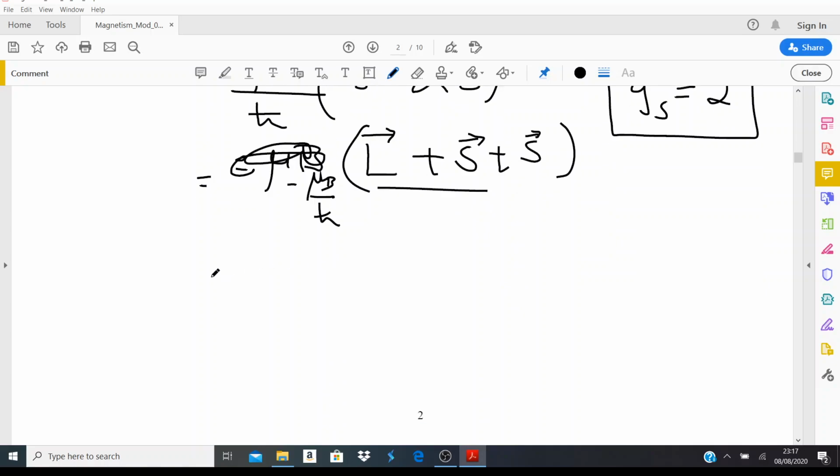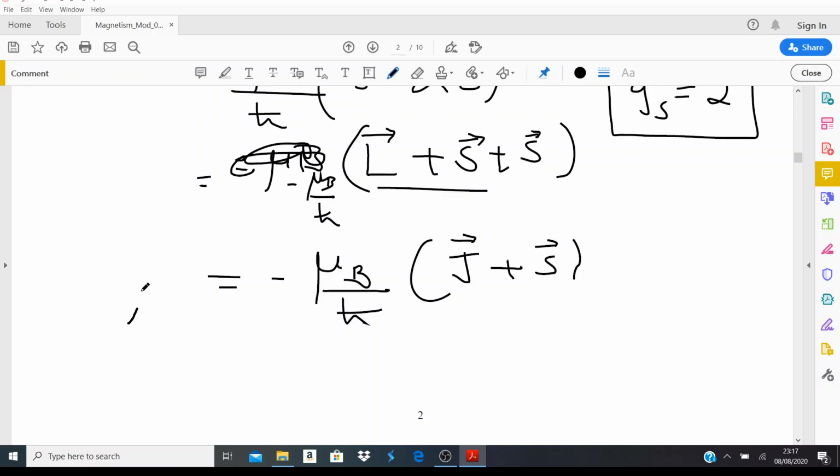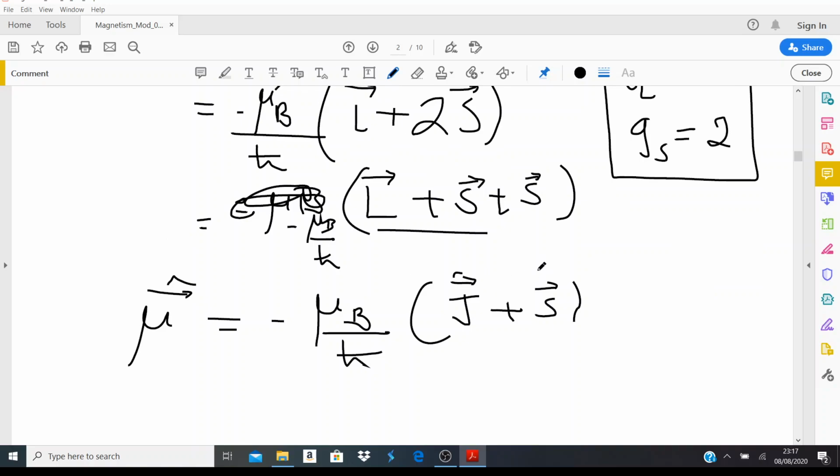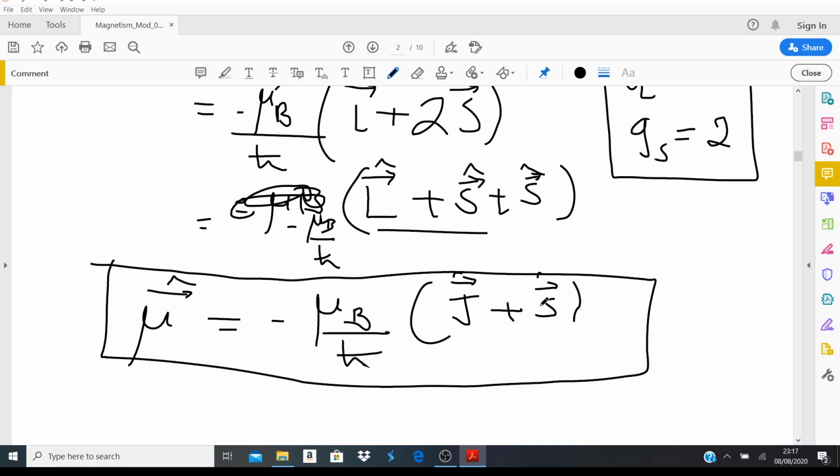In the previous class, you know this, that's the total angular momentum. So mu B by h bar times J plus S. So that's the total angular momentum operator. Let me put the hats just for consistency, so we have a hat here also.